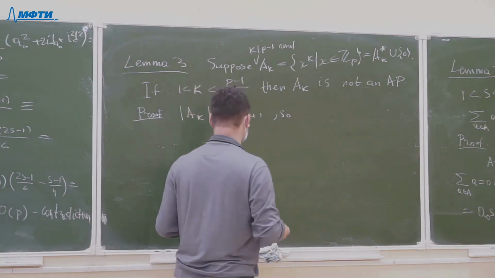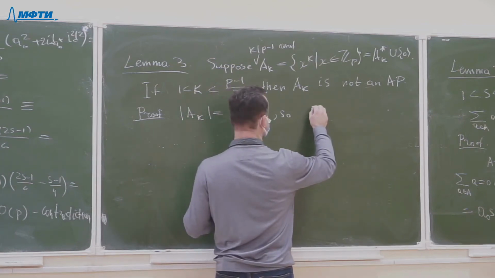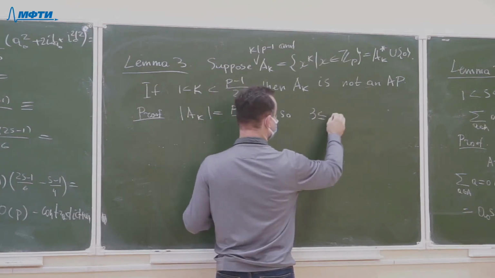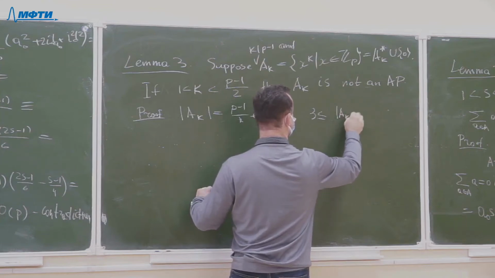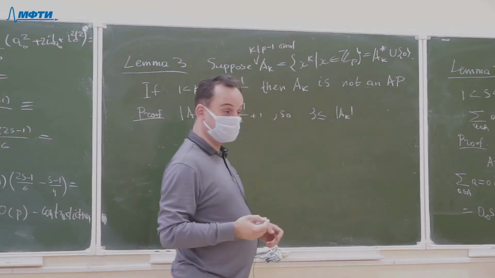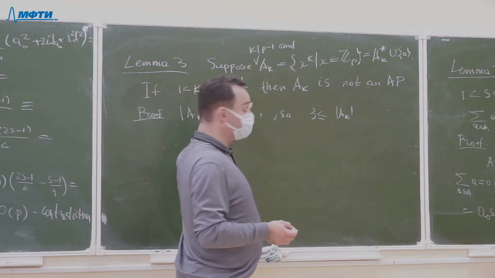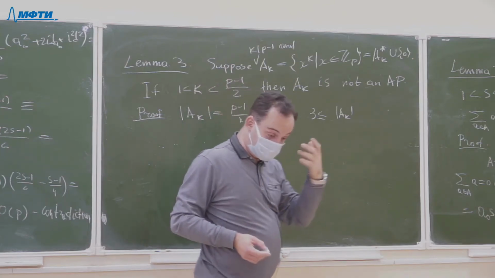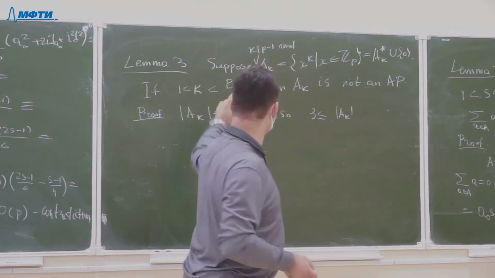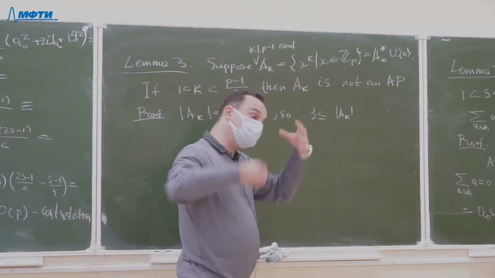So yeah, the size of A_K is at least 3, right? Because K is strictly smaller than (P-1)/2, so (P-1)/K is strictly greater than 2, so it's at least 3, sorry, strictly greater. Plus 1, it's at least 3.